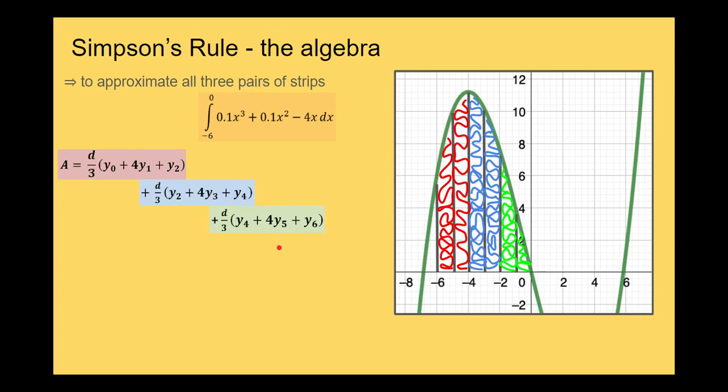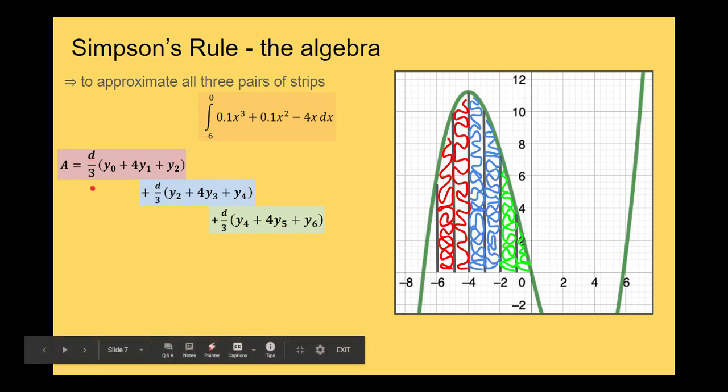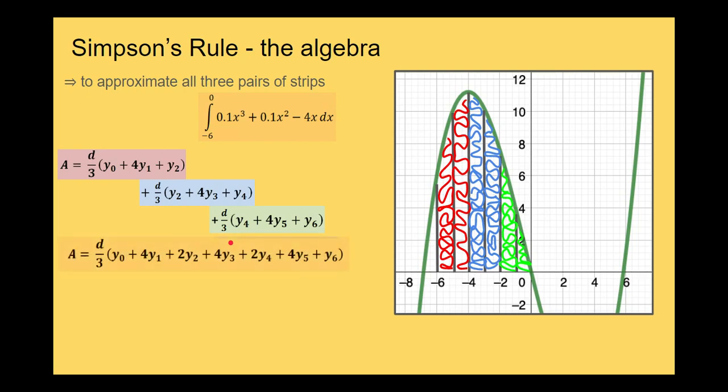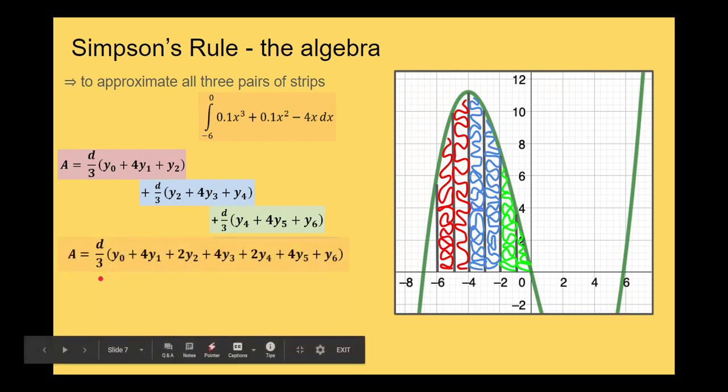What we could do now is work out our y values and sub them in, along with our strip width, and find our approximation of the area. But rather than going directly there, we can simplify the formula a bit. You'll notice that all 3 areas have a factor of d by 3 that we can take out. And here's a simplified version of it.